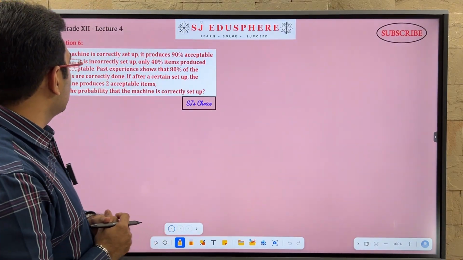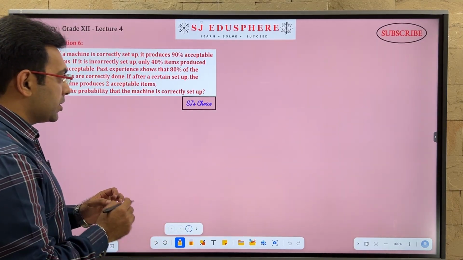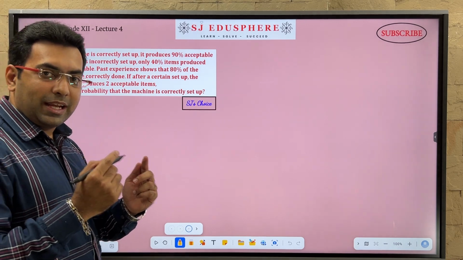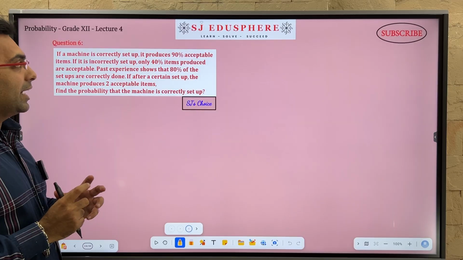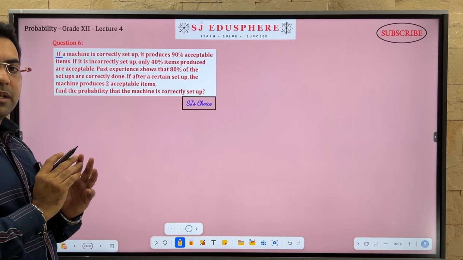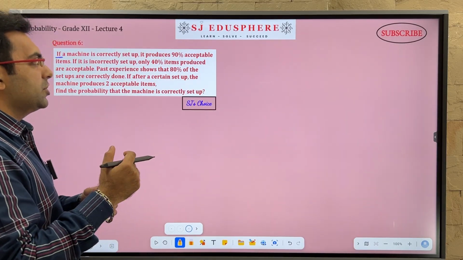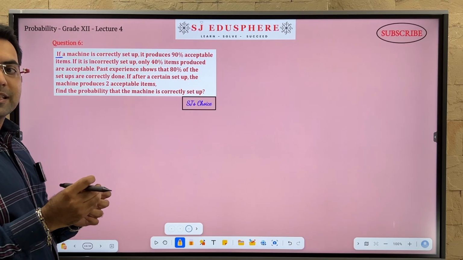Let us look into the next choice. Again, a very simple question, but you have to decode it very correctly, so get the grammar in place. If a machine is correctly set up, wait, if a machine, if means condition, if a machine is correctly set up, it produces 90% acceptable items.